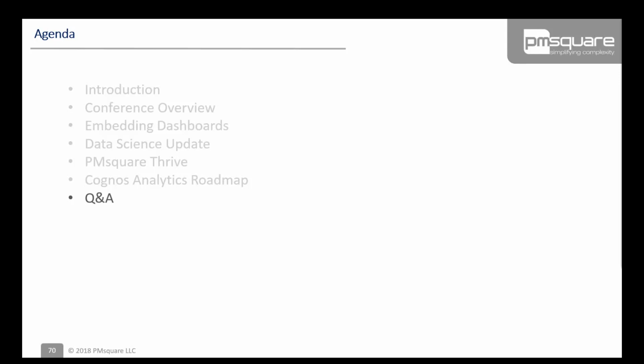Excellent. Next question is with regards to PMsquare Thrive. Does it work on Cognos 10 or Cognos 11 right now? So it'll work on either one, and as I mentioned earlier, it can really be helpful as you transition from one to the other. So if you're on Cognos 10 right now and you're thinking about migrating to Cognos 11, which is obviously something that, based on the poll results, about half of you are thinking about, you might have a tendency to think, well, I'll roll that out as part of Cognos 11.